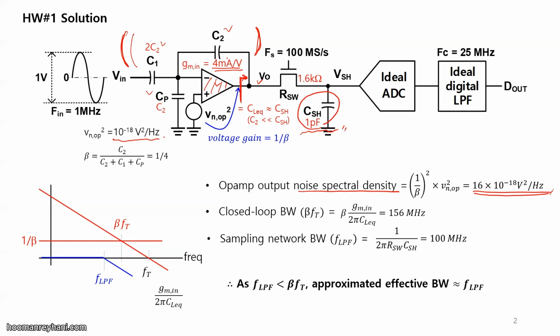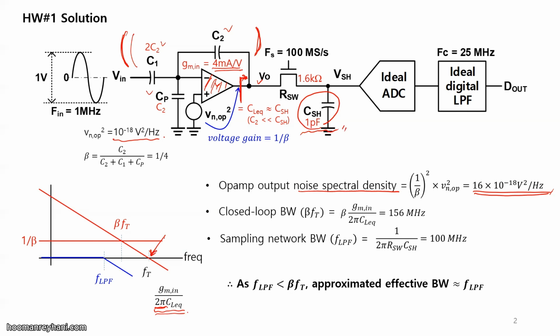So the unity gain frequency of this amplifier can be found here by this calculation, gm1 over C load capacitance in radian per second, right? So in frequency hertz, we need 2 pi here.